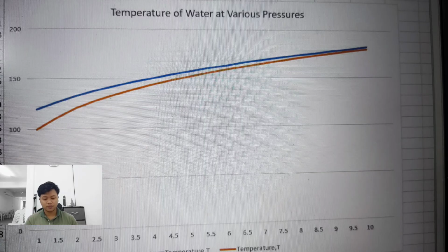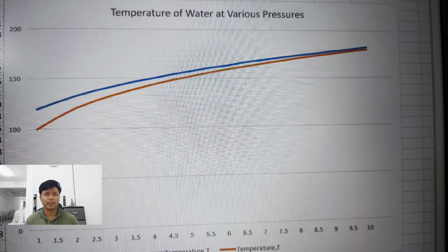We can assume the atmospheric pressure at the time we did the experiment is different from the atmospheric pressure that we used, and the next error happens because of the unstable reading.